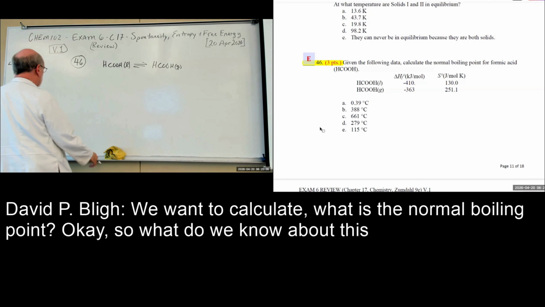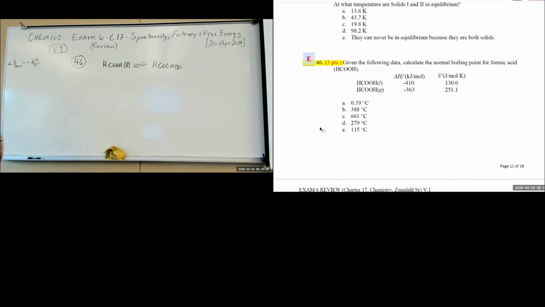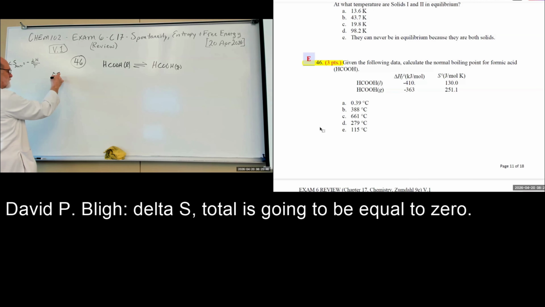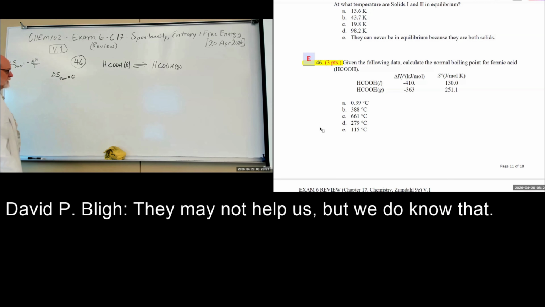So what do we know about this system in terms of its boiling point? Well, if it's at equilibrium, then we know that delta S total is going to be equal to 0. They may not help us, but we do know that.